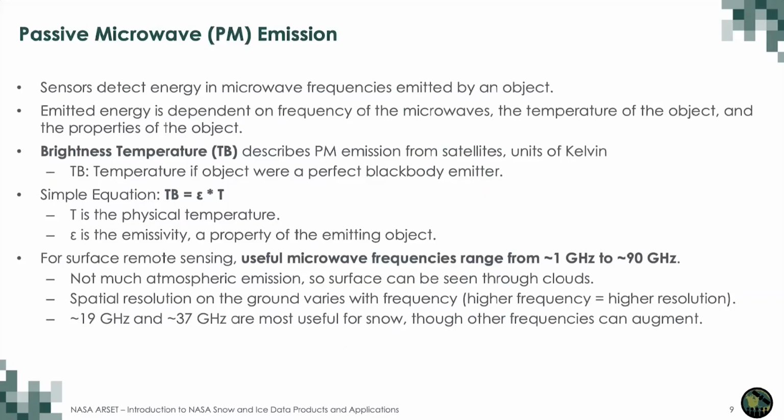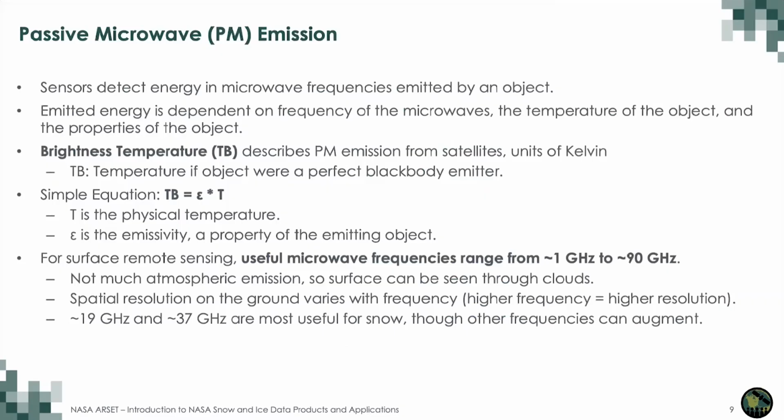It is a temperature in terms of units, Kelvin, but what it really is, is measuring the emission and the emitted energy from the surface. It's basically scaled to temperature. It's the temperature that it would emit at as a perfect black body, and so it can be related by a simple equation: brightness temperature as a factor of the emissivity, which is the property of the emitting object in the microwave range, and the physical temperature.